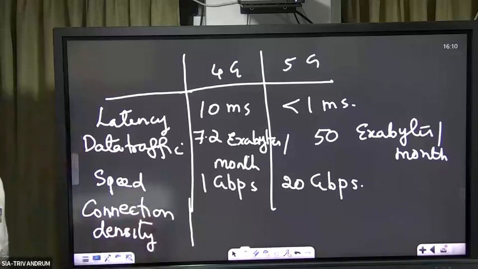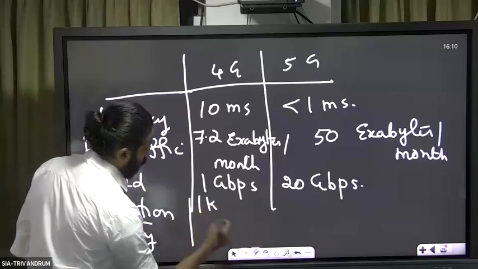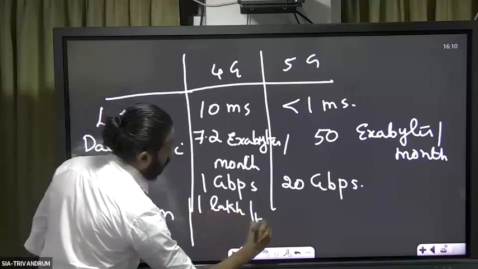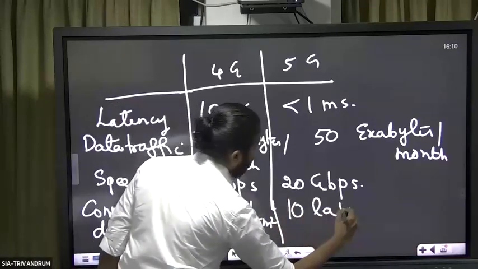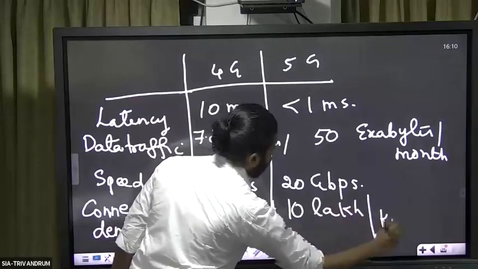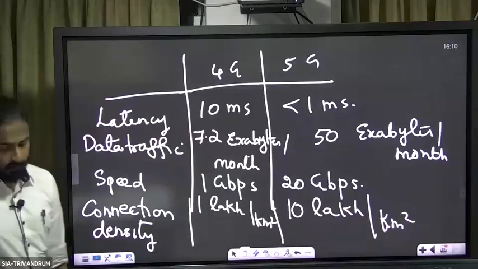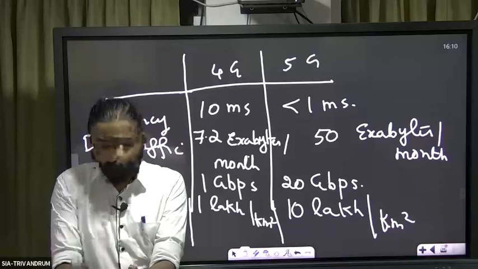In 4G, as of now, we have about 1 lakh connections per square kilometer. It will increase to 10 lakh connections per square kilometer in 5G. This is another improvement of 5G over 4G.